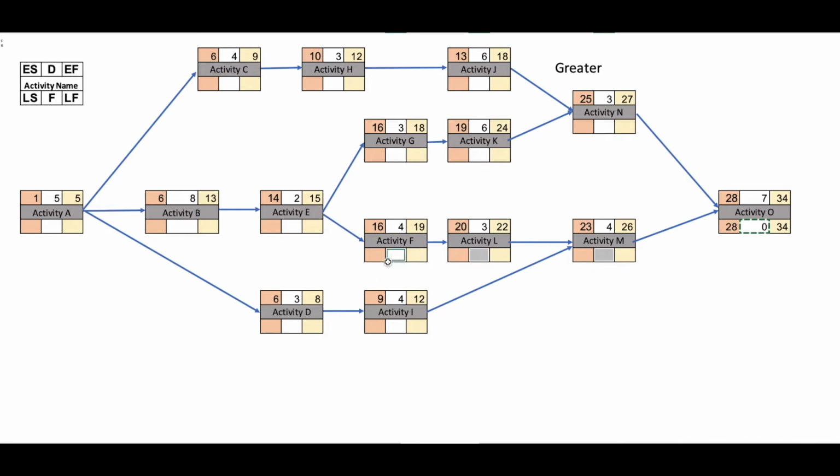Now here float formula shall be same for all the activities, so I will copy paste in H G K J. Okay, that's it.